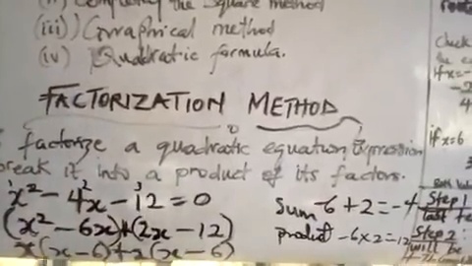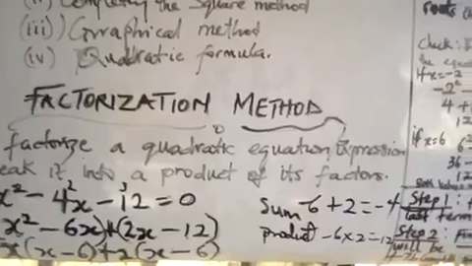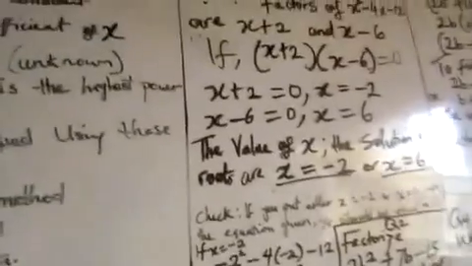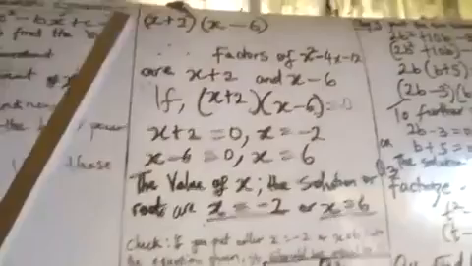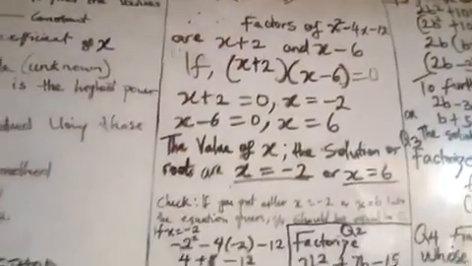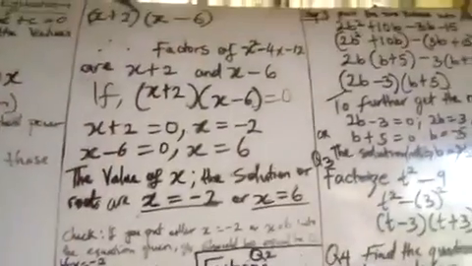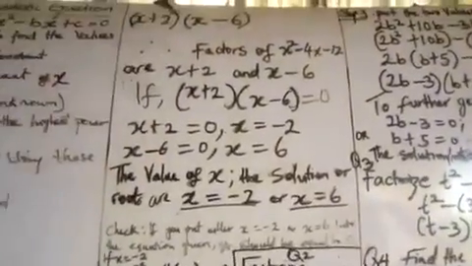So if these are correct, then you can be sure that your answer will be correct. Then you pick one of those values in the parentheses in the bracket, which is x minus 6, and bring it together with x plus 2. With this, you have gotten the two factors.